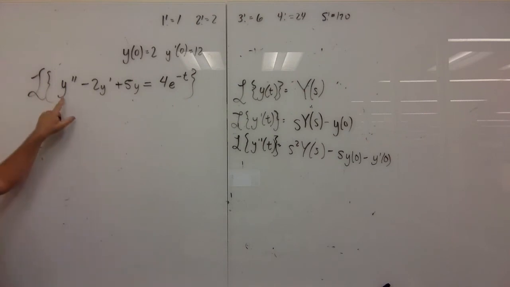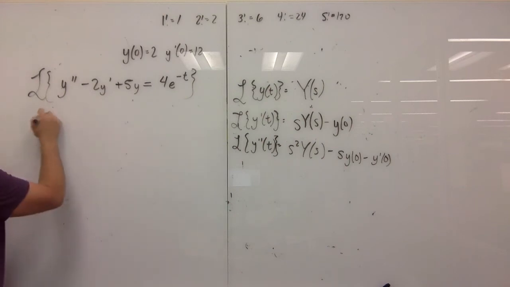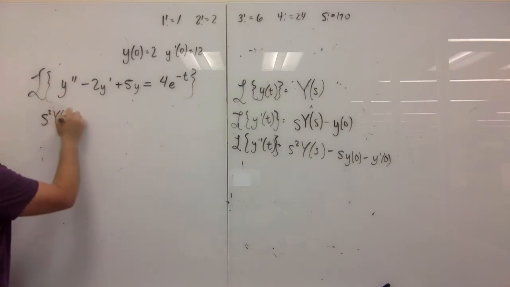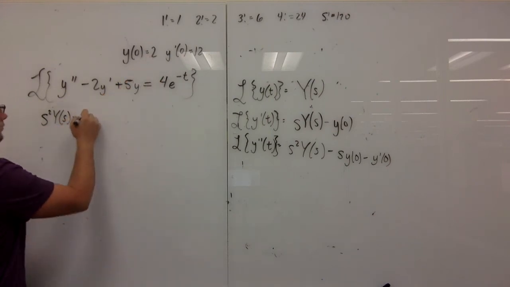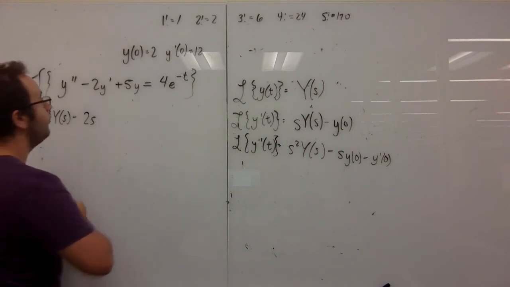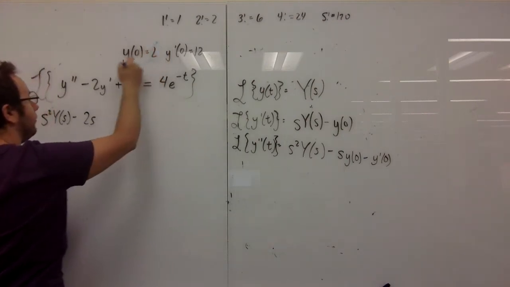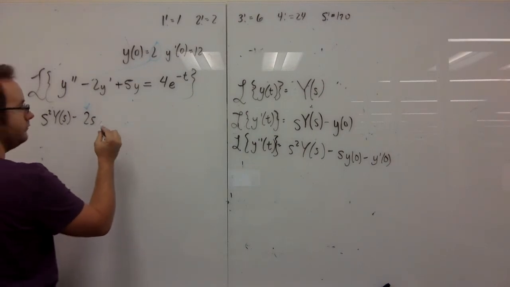Here's y double prime. The Laplace transform of that is s squared Y of s minus s times y of 0, so minus s times 2, minus 2s, minus 12.